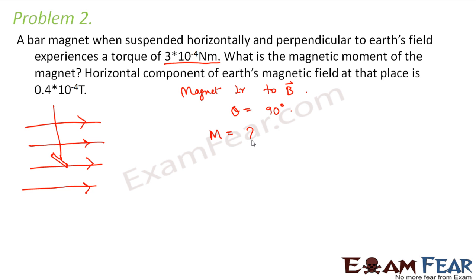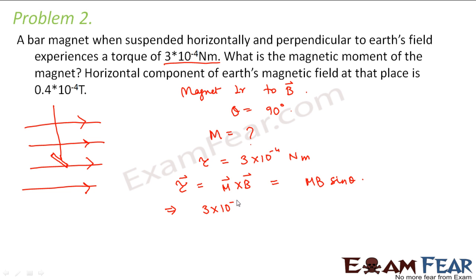So magnetic moment we have to calculate, and what is given? It is given that it experiences a torque of 3 into 10 to the power minus 4 Newton meter. Now we know that torque experienced by a magnet when suspended in magnetic field is given by M cross B, right? So this can be written as MB sine theta, right? So what is torque? Torque is given as 3 into 10 to the power minus 4.